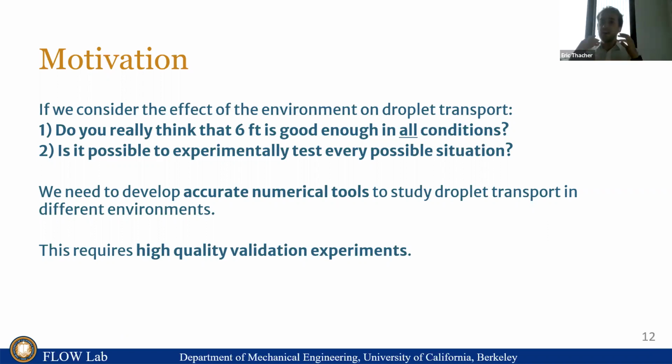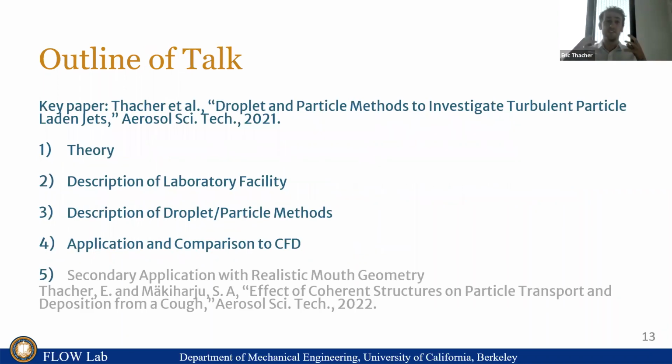That means we need to develop high quality validation experiments to make sure that we can predict where droplets are going to go when you account for all those different factors I mentioned: the interaction of the multi-phase puff you eject with the environment, strong preferential flows in the room like wind, thermal gradients, walls, or any of these other effects. So hopefully that's a good motivation going into this paper.